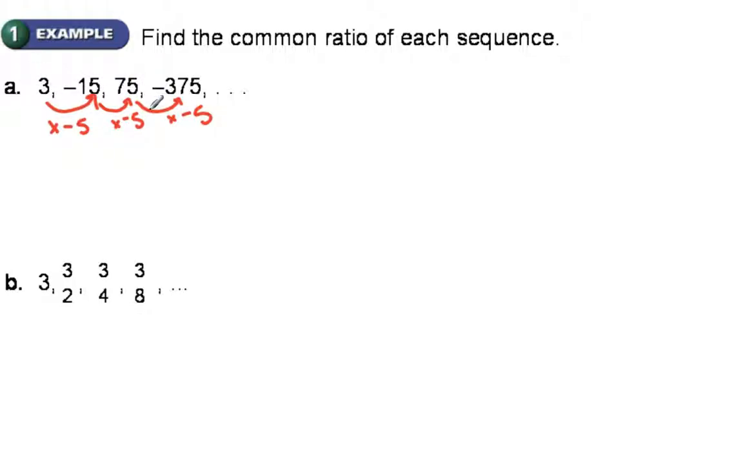If it were all positives, then there would be no sign. And a negative times negative is positive, so that's how we're getting the alternating. So your common ratio of A is multiplying by negative 5.